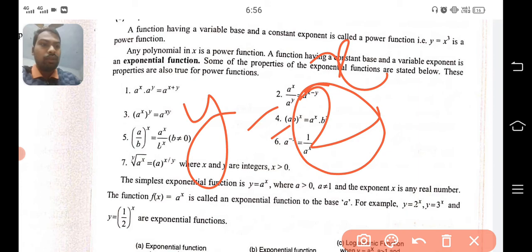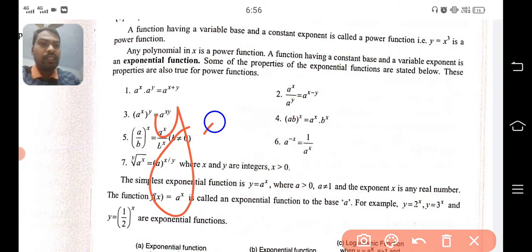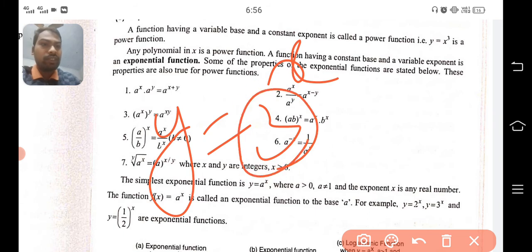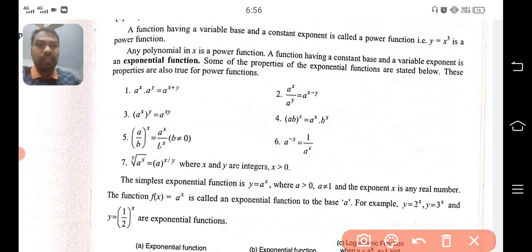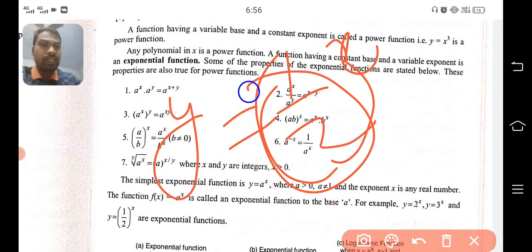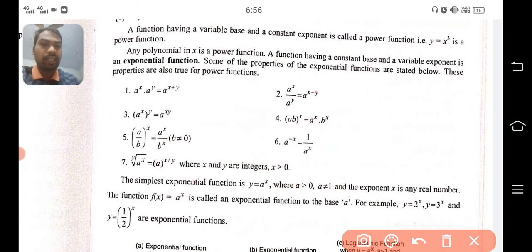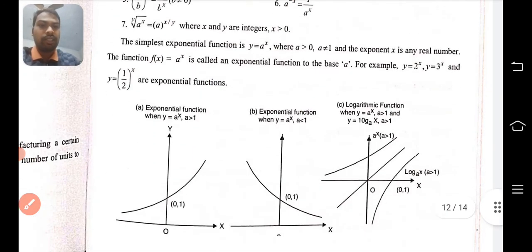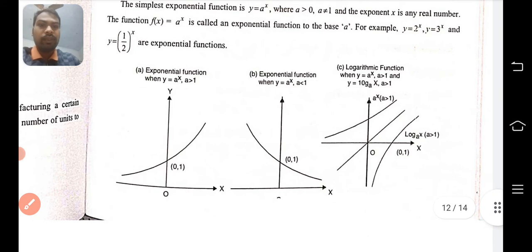And we can also write y is equal to 3 to the power x. Here the base is 3. Also we can write the exponential function y is equal to 1 by 2 to the power x. Here 1 by 2 is the base, and that is constant. Clear?